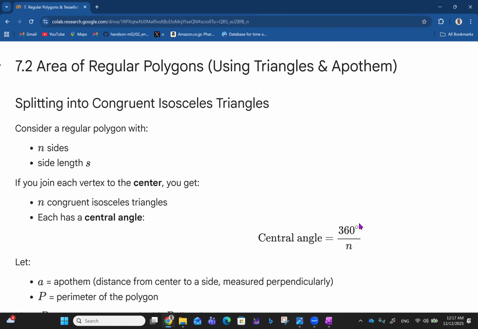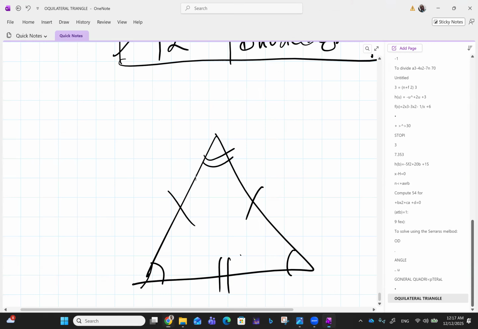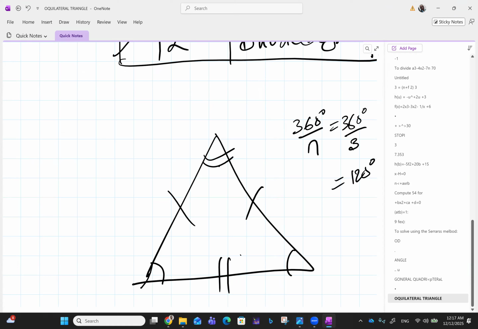The central angle is 360 divided by n. For example, 360 degrees divided by 3 would be 120 degrees. It all depends on what we are talking about.